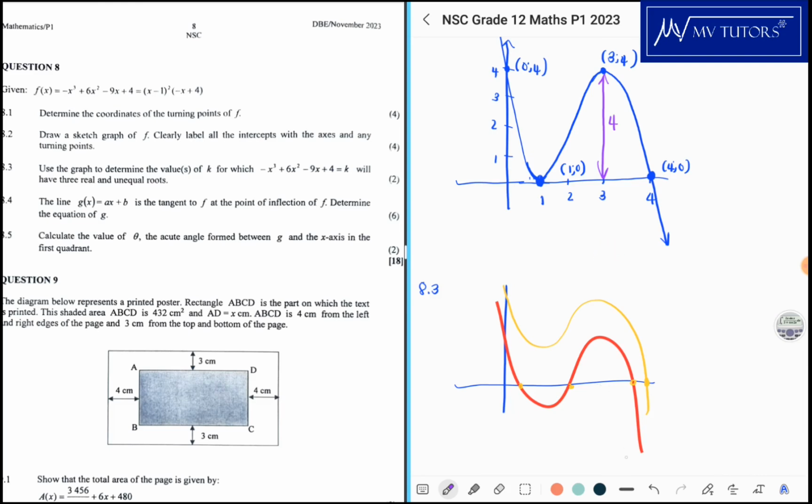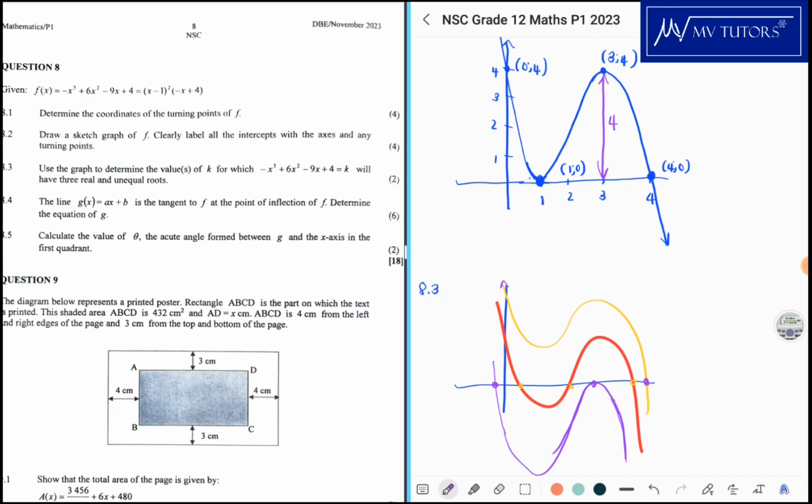We don't want this. Because now we're going to have 1 root and 2 equal roots. Okay, and we also don't want this scenario there as well, where it's only just 1 root. We want to work between the 2. Okay, so we can only shift our graph between 0 and 4 units, if that makes sense. If I shift my graph exactly 4 units, I'm here now.